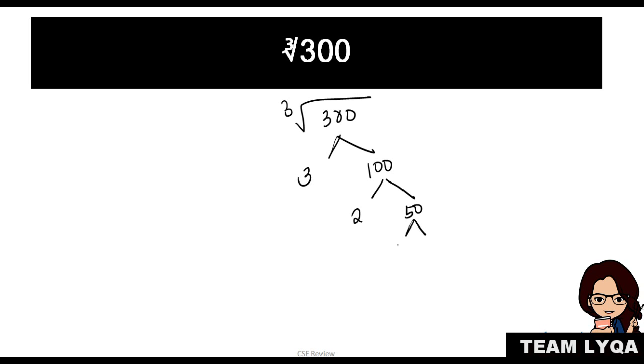Sa 50, pwedeng 2 and 25. Sa 25, you have, like we said, 5 and 5. So, tanong, meron bang 3 of a kind dito? So, makikita natin, dalawa lang ang 2, dalawa lang ang 5, isa lang ang 3. So, walang tatlo of the same number. So, the answer here actually is basically just cube root of 300.